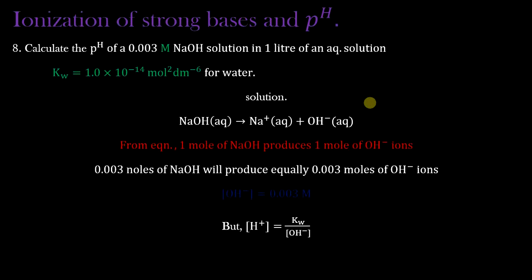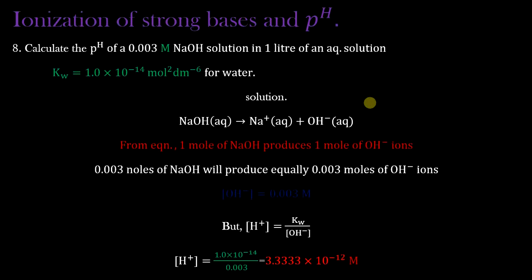The molar concentration of hydrogen ion is given by Kw divided by the molar concentration of hydroxyl ion. In this case we have 1 exponent negative 14 divided by 0.03. That will give us a value of 3.33 exponent negative 12 moles per decimeter cubed.